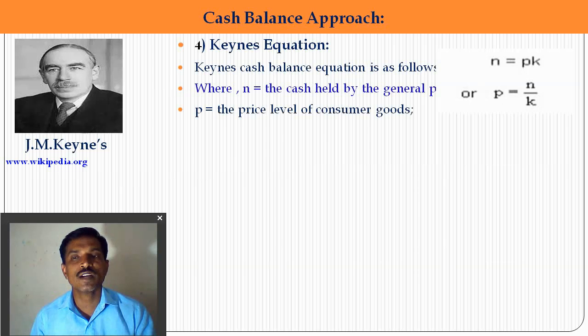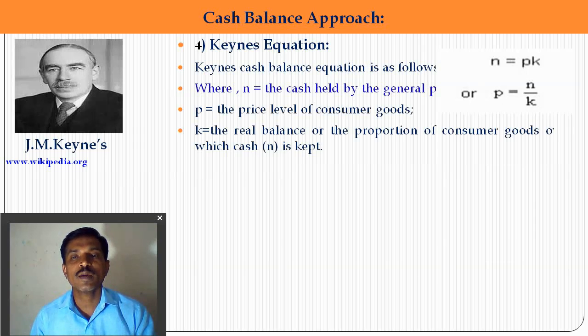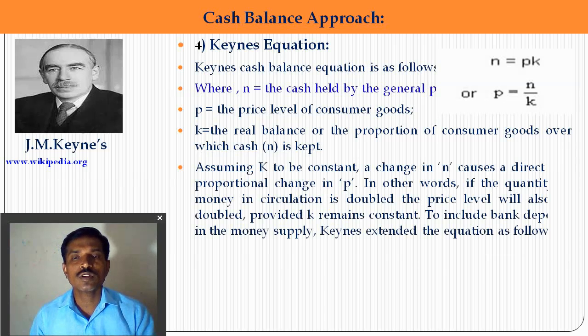P means the price level of consumer goods, and K means the real balance, or proportion of consumer goods which is kept in cash in hand. So assuming K is constant, a change in N causes a direct and proportionate change in P. In other words, if the quantity of money in circulation doubles, the price level will also double, provided K remains constant.